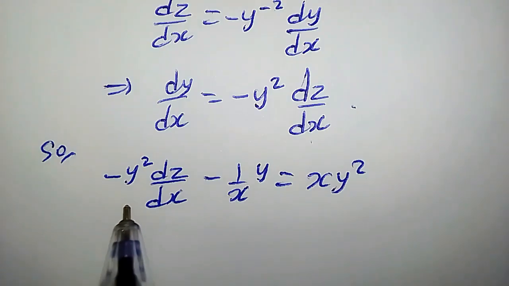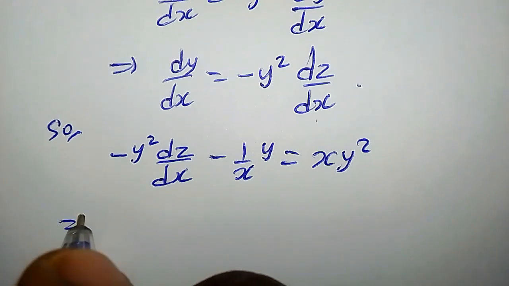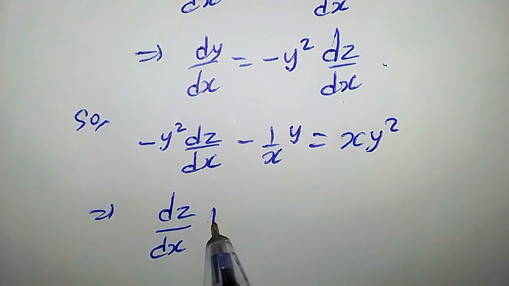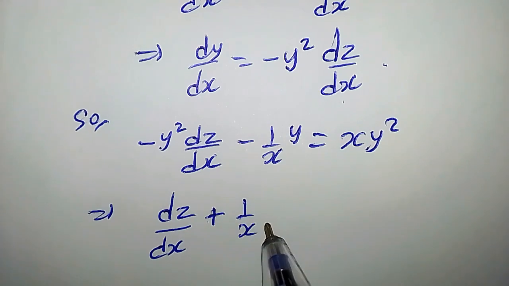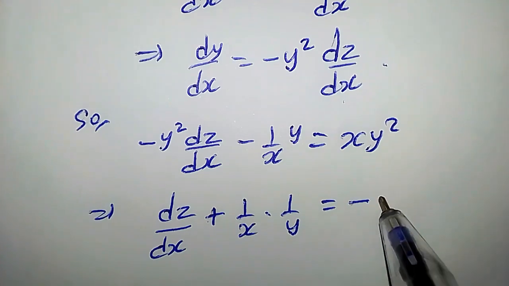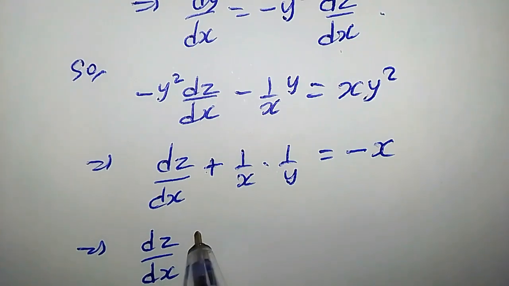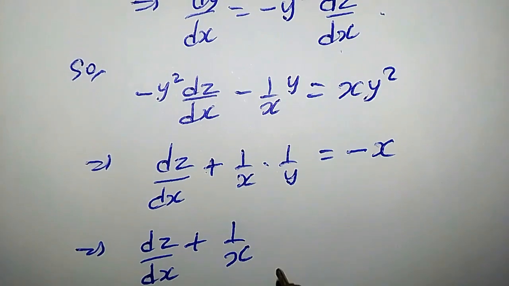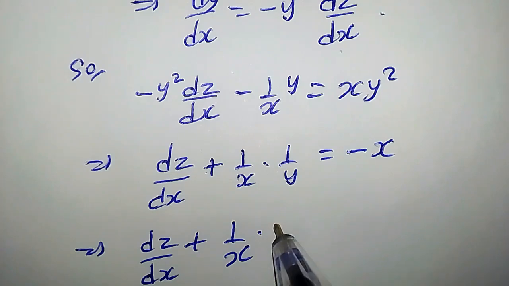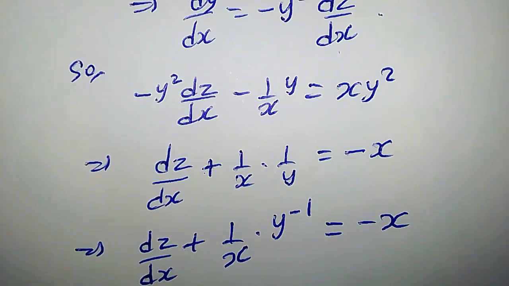Let's divide both sides by minus y squared. That gives dz/dx plus 1 over x times 1 over y equal to minus x. This means dz/dx plus 1 over x times, with y at the numerator, y raised to power minus 1, equal to minus x.